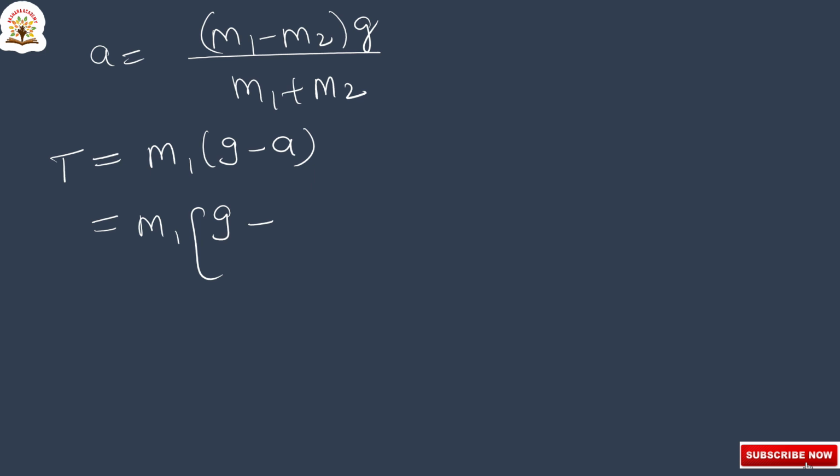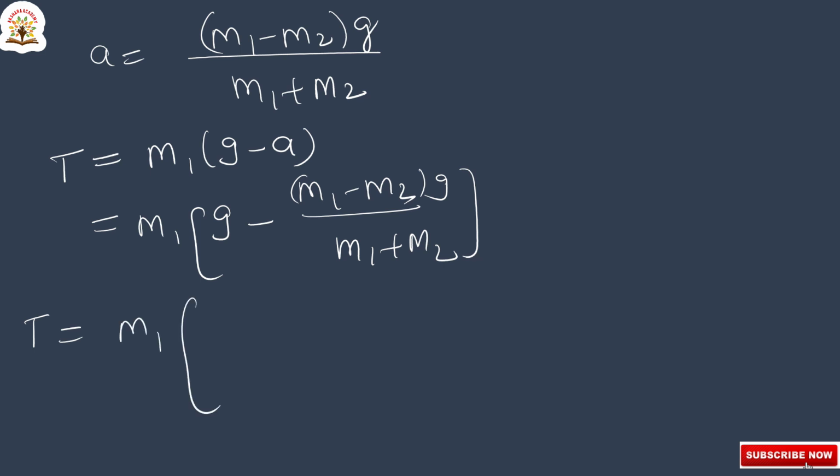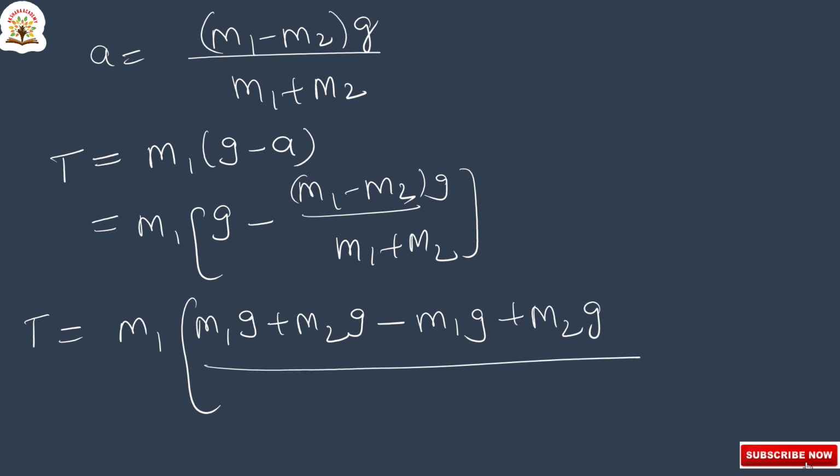Now substituting in the place of a, so that is equal to m1 of, here we are taking the LCM, this becomes m1g plus m2g minus m1g, minus of minus is plus, m2g by m1 plus m2.